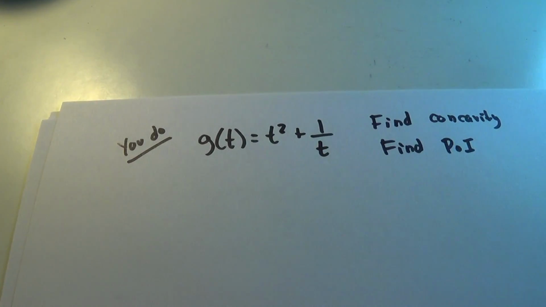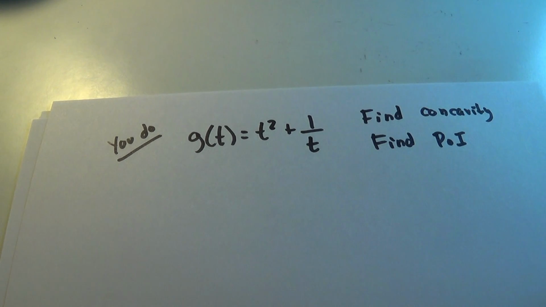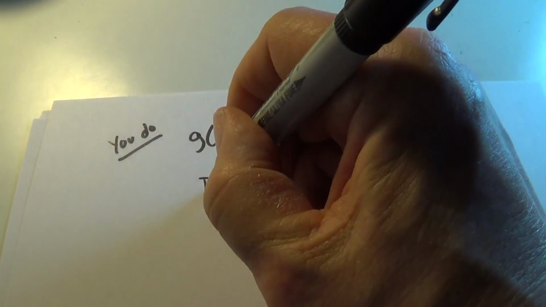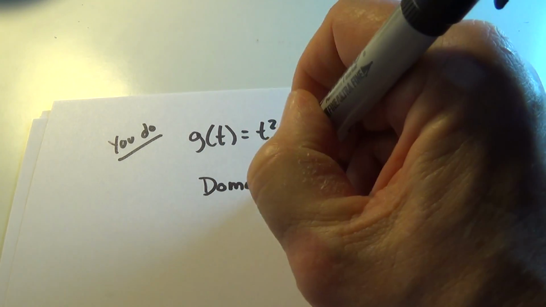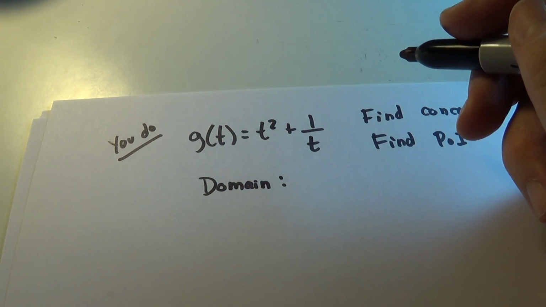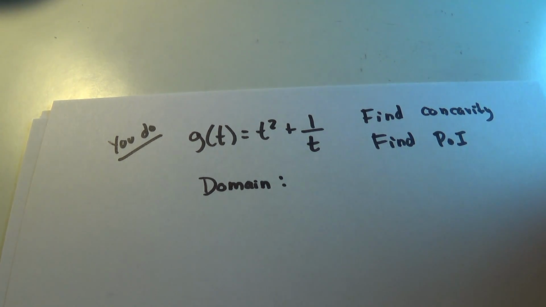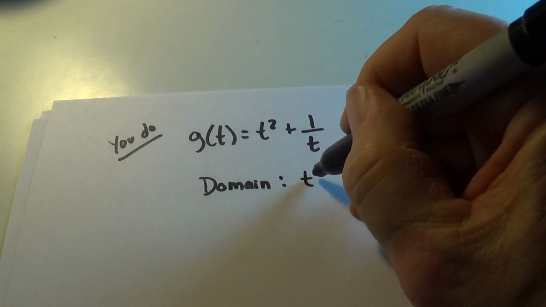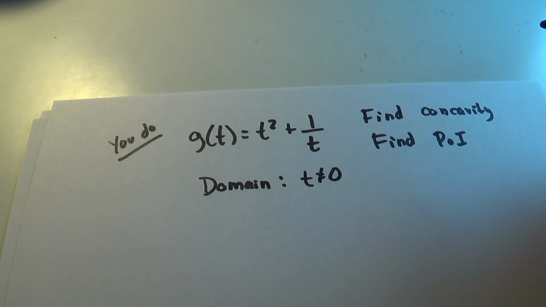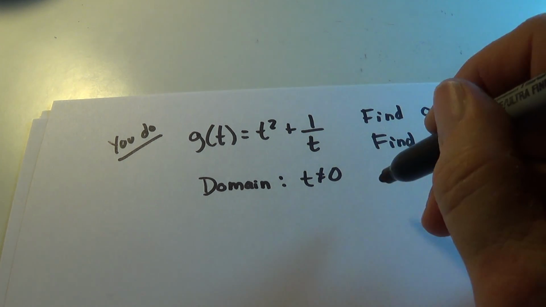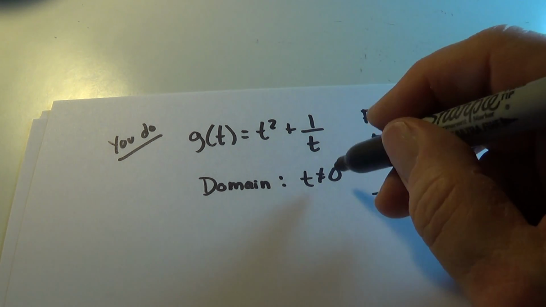All right, same directions. Notice, though, I will give you a heads up. When I asked you to look at the domain, this one, you'll see that we will have to restrict the domain, because what's one value that cannot be allowed in g of t? t cannot equal 0. So that means when I go to do the first derivative and the second derivative, I have to include on my test line this 0.